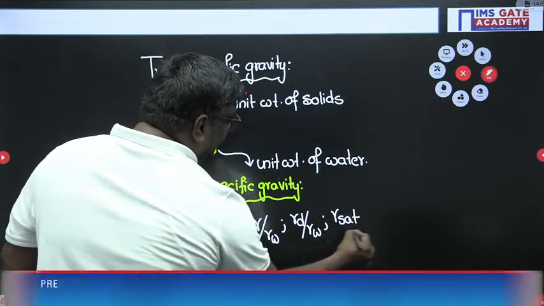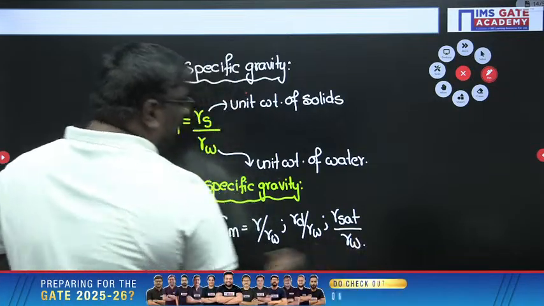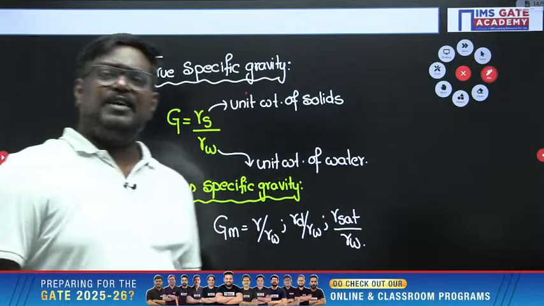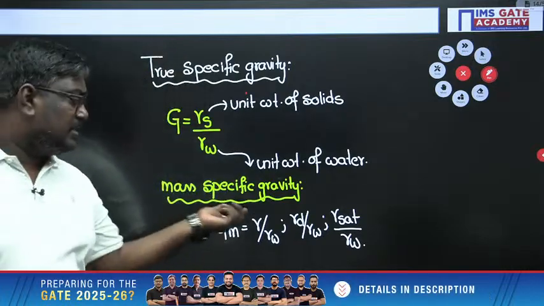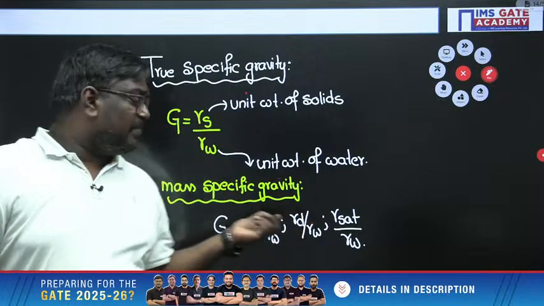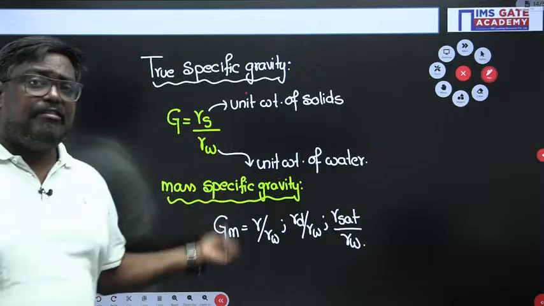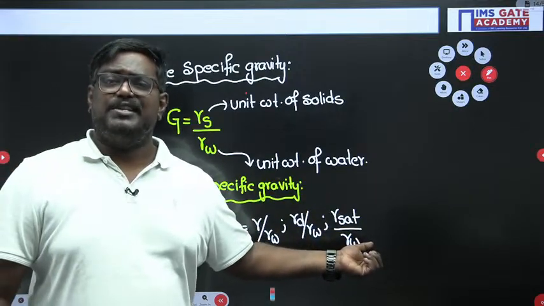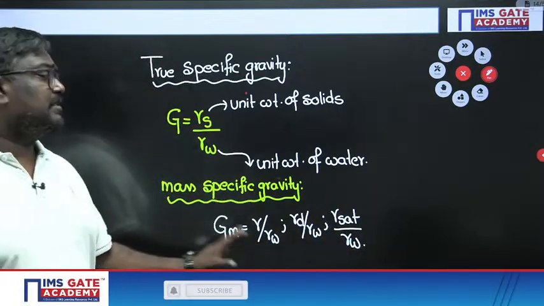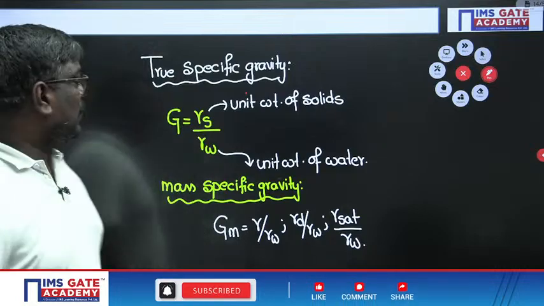It can be any of these three formulas. Why three formulas here? If mass specific gravity is asked in bulk state, then it is gamma by gamma_w. If it is asked in dry state, gamma_d by gamma_w. If it is asked in saturated state, then it is gamma_sat by gamma_w. I hope you are clear.